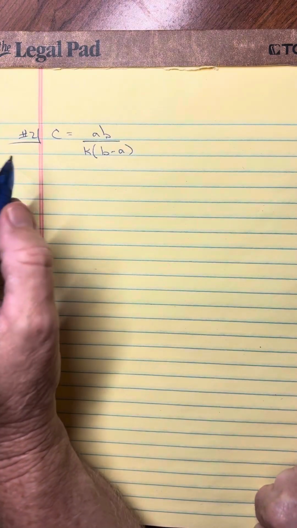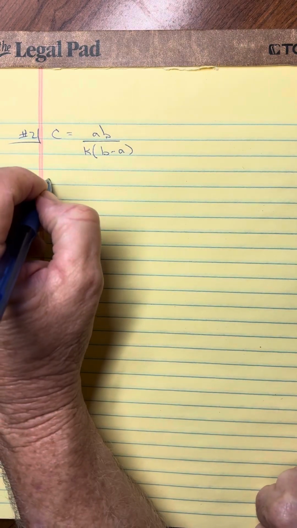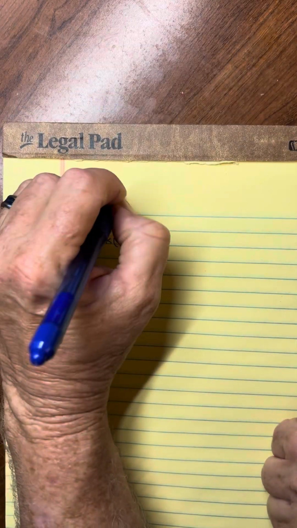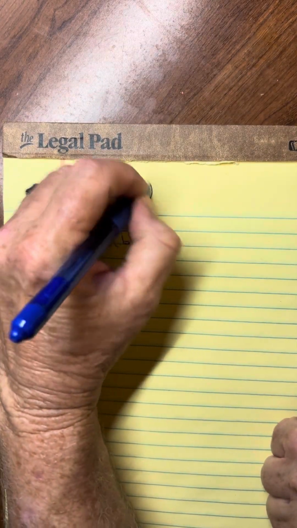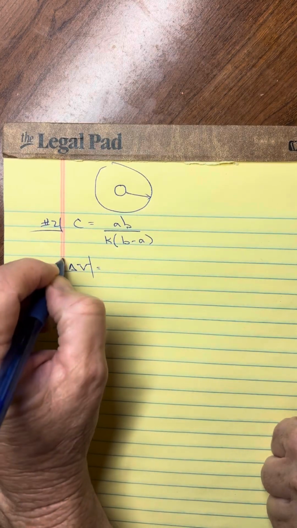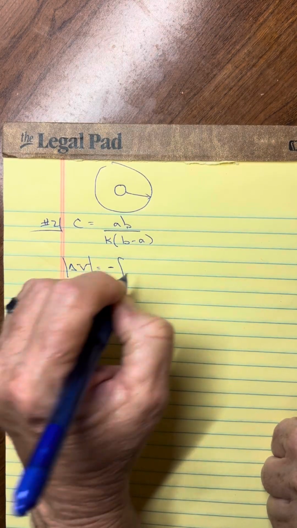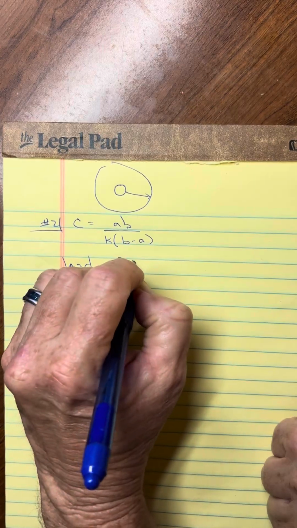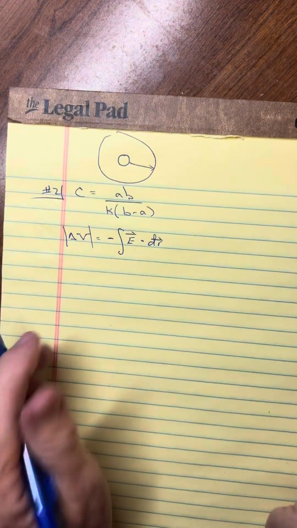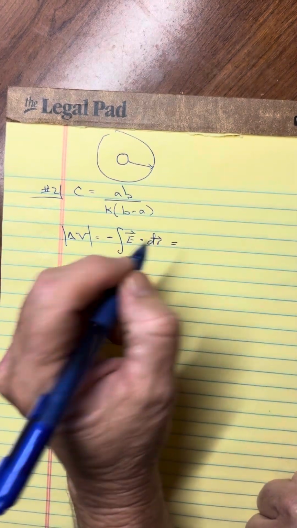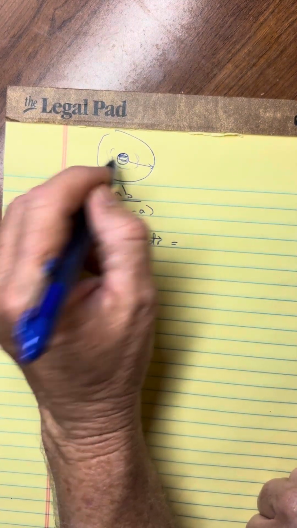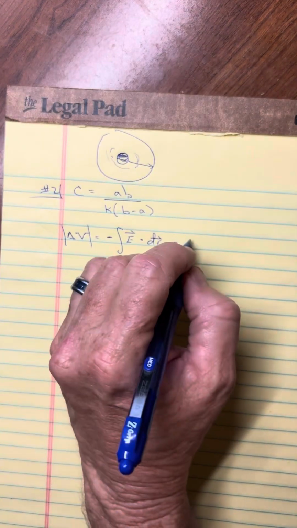Let's see. If I wanted to work it out, the first thing I would do is, okay, what's the voltage difference between the inner and outer? And I'll do absolute value. Technically, there's a negative in there, but I'll kind of ignore that. But I would add up the electric field. This is our definition of potential difference. And we learned that the electric field between them, or outside a sphere, is the same as a point.